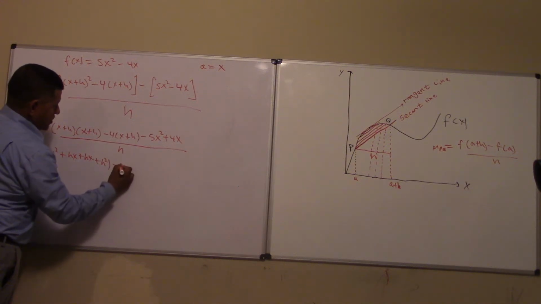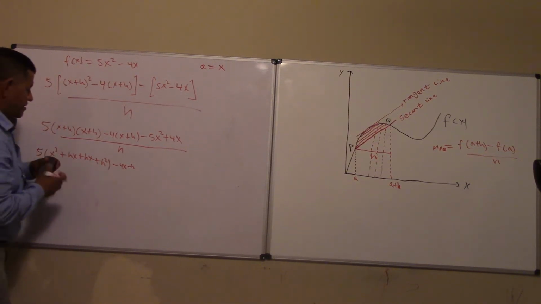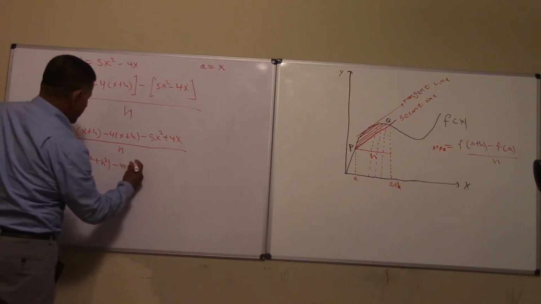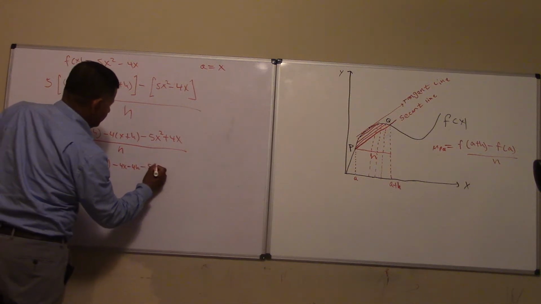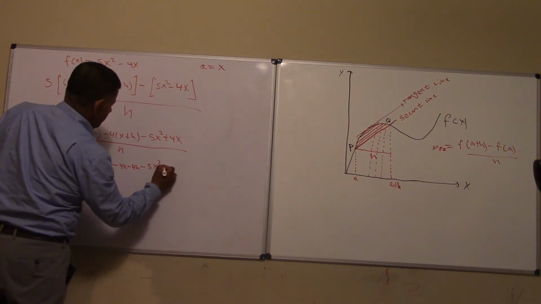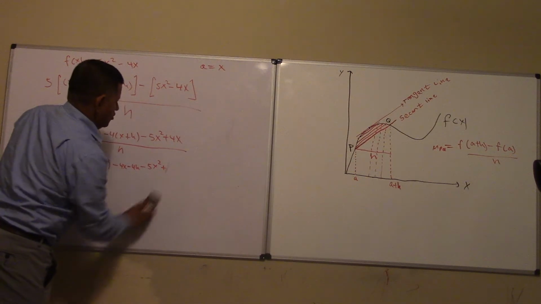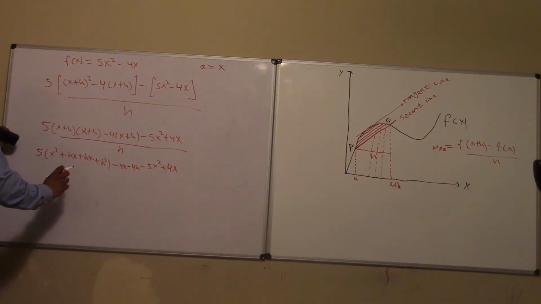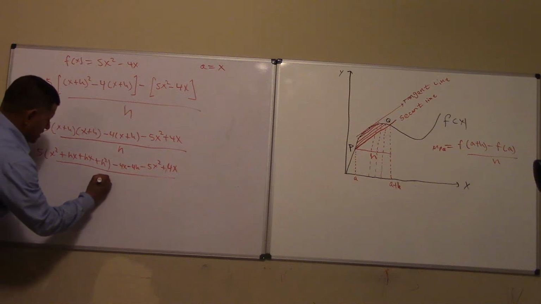I get 4x minus 4, minus 4h, right? Minus 5x squared plus 4x, right? Okay, so this is everything over this h, right?